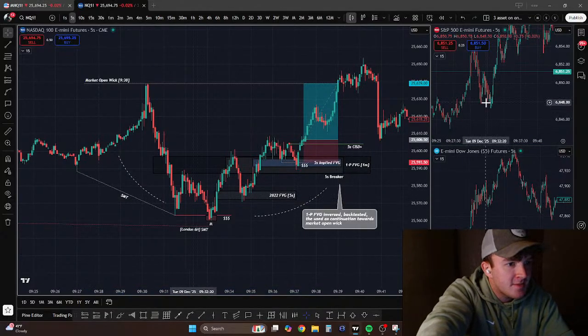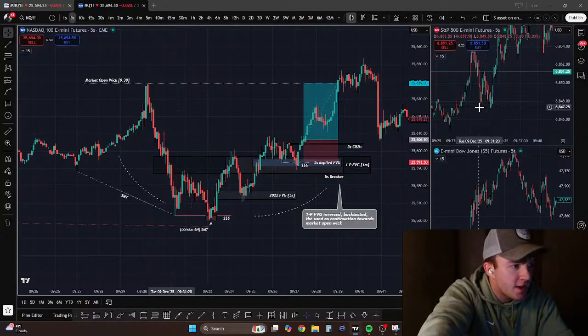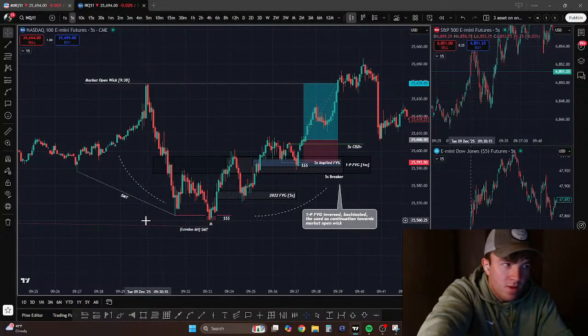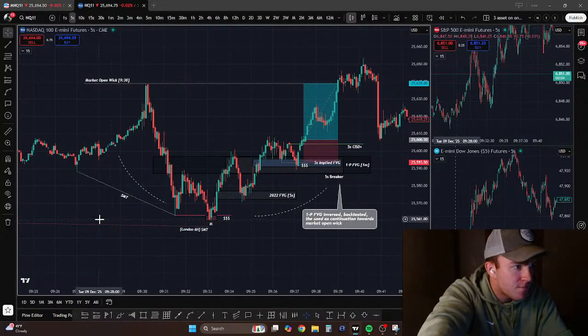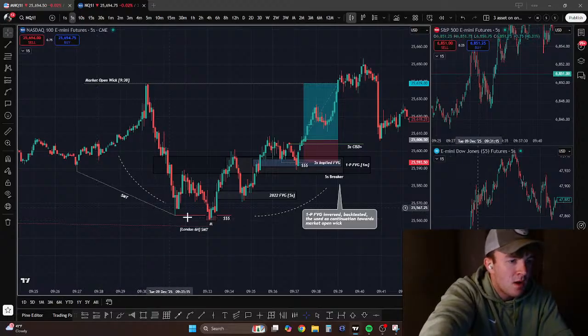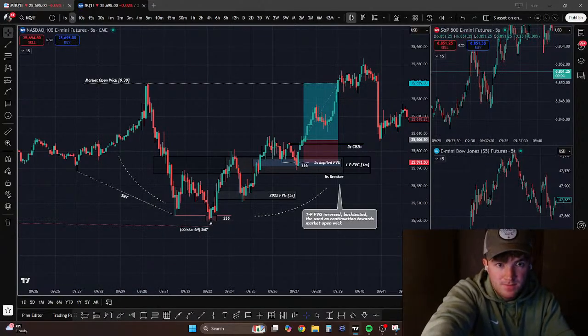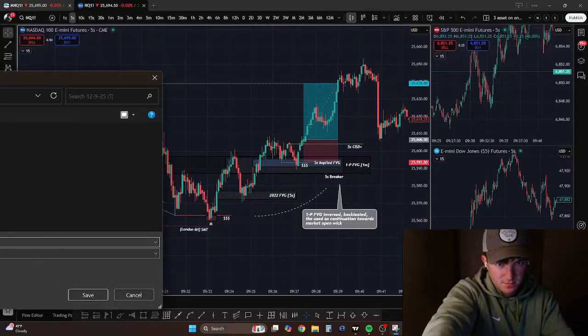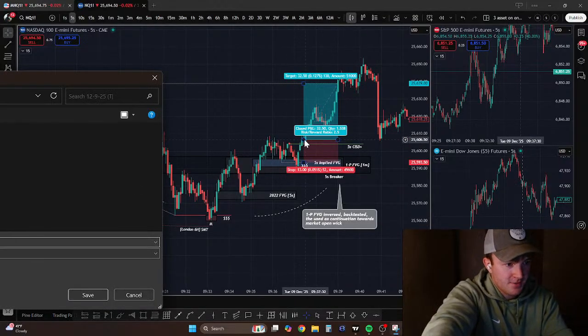Did we have S&T at the low? I feel like we should have with this low. But I don't think we did. Strange. Yeah, so we had first strike here at 9:37.